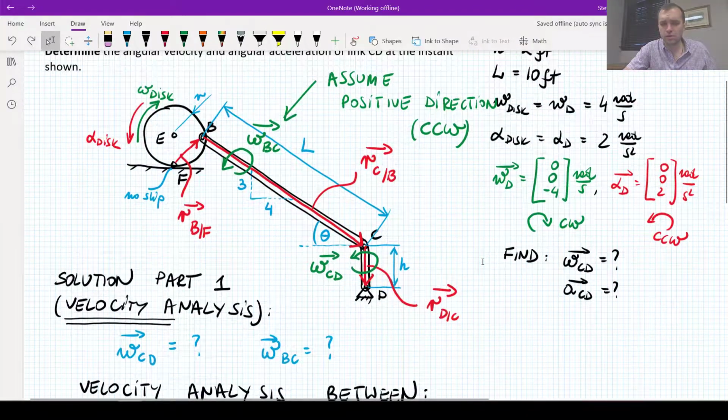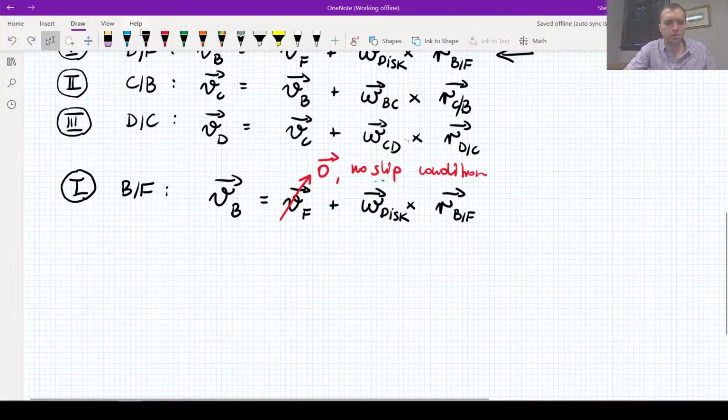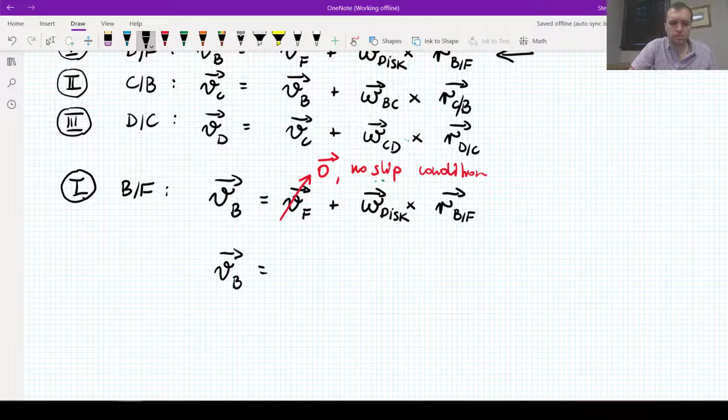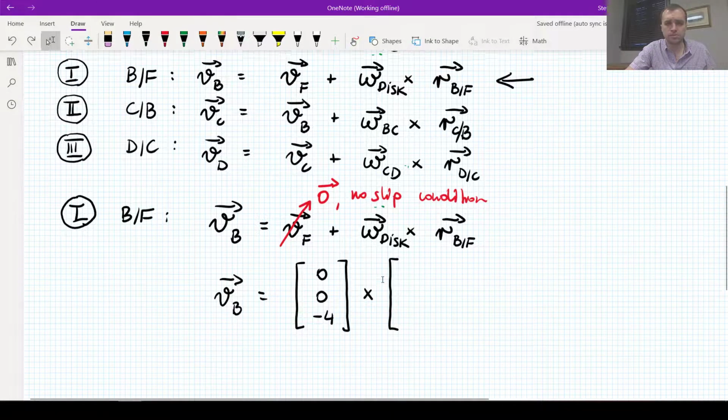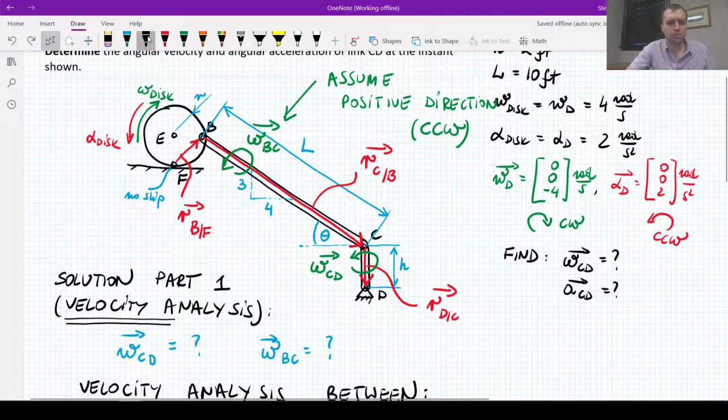Then, I believe that they told us that omega of disk is 0, 0, minus 4. And now the question is, what are the components of this vector, RBF? Let me scroll up the board. RBF is here.